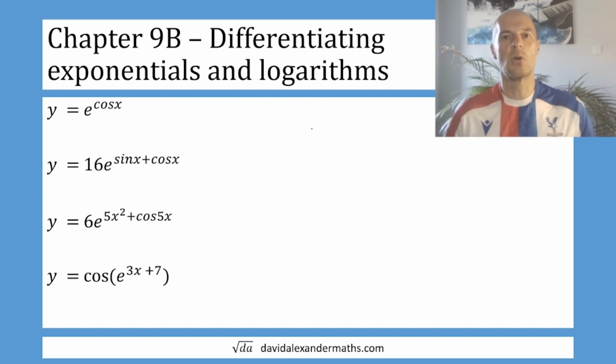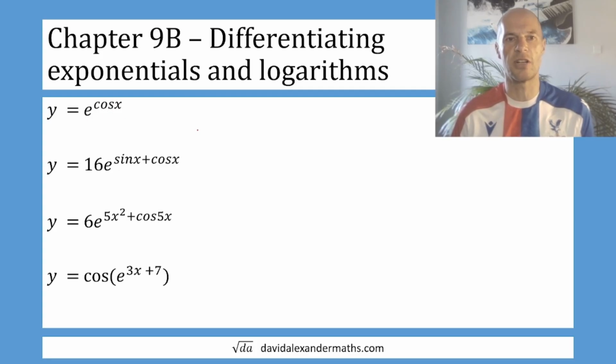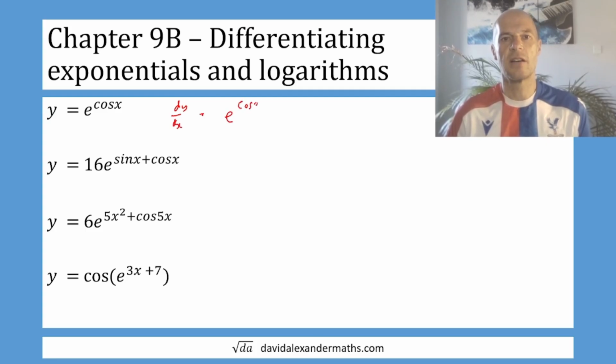Okay, so here are some more complicated examples where we've got e to the power of a trigonometric function. So dy by dx, that is going to be e to the power of cos x multiplied by the derivative of cos x. Now cos differentiates to minus sine, so it's minus sine x, and a nice way to write this would be minus sine x e to the power of cos x.